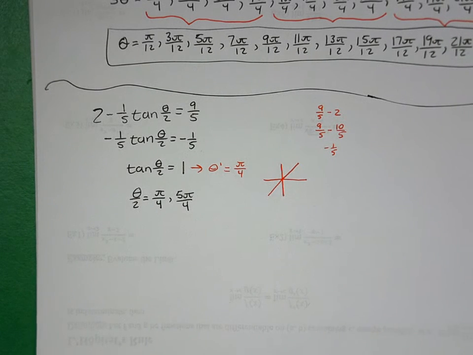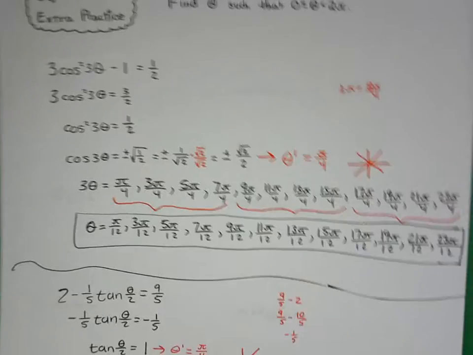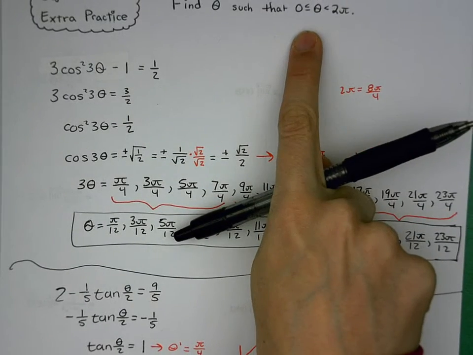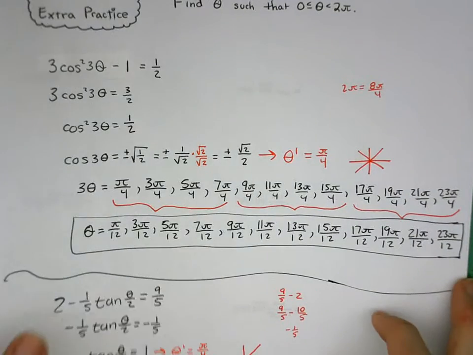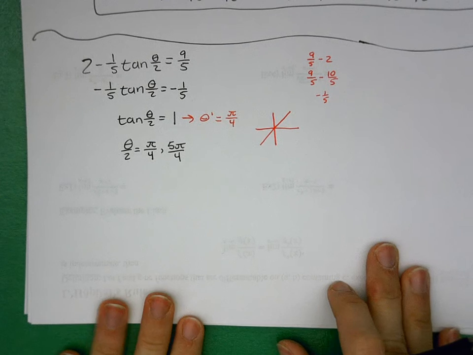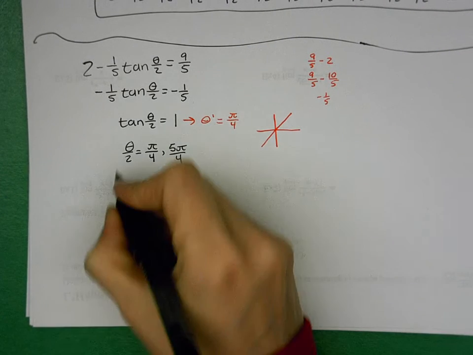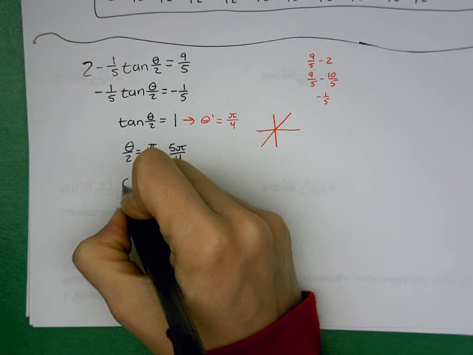If you are sitting there at all insecure about crossing off the 5 pi over 4 already, you can leave it, because after you solve for theta, you will see that the angle resulting from this 5 pi over 4 will lie outside of our domain of 0 to 2 pi. And so you'll identify that as an excluded value at that point. So either cross it off now, or solving for theta would mean multiplying both sides by 2 in this particular case.